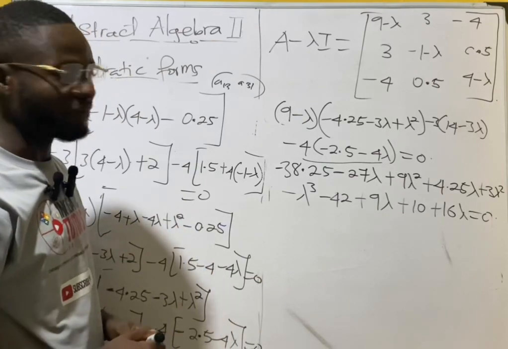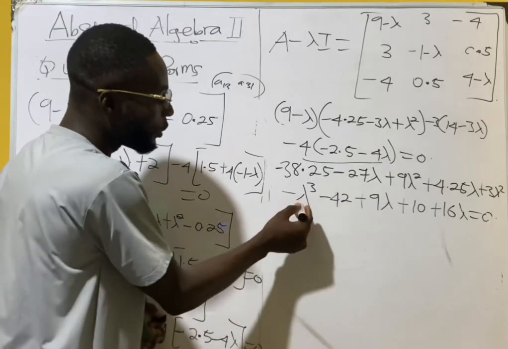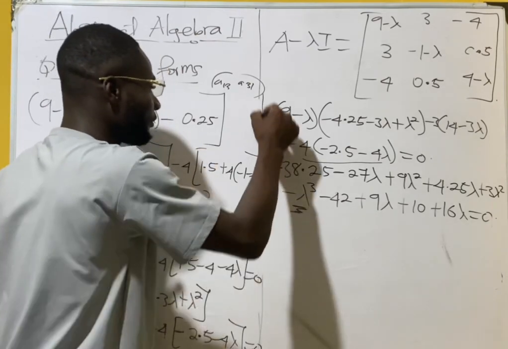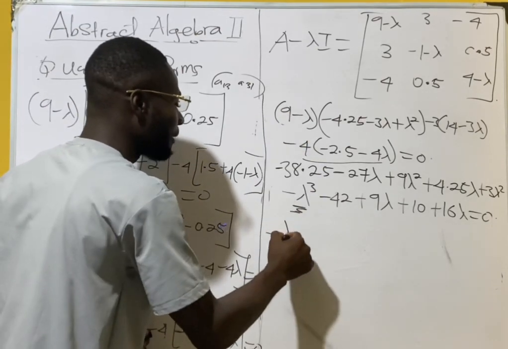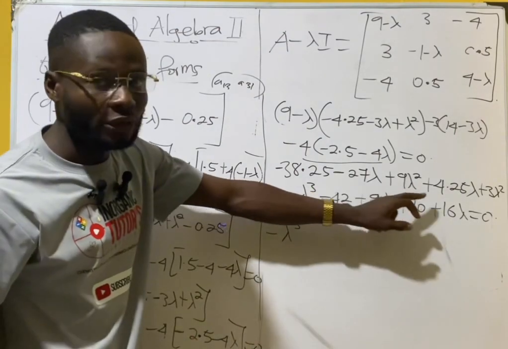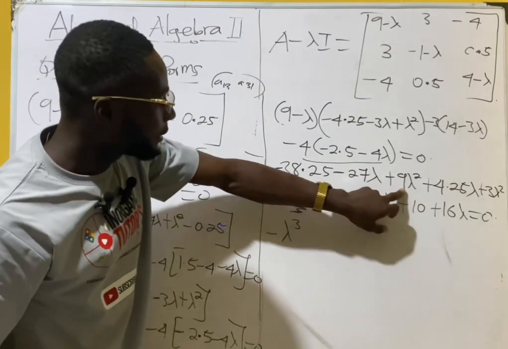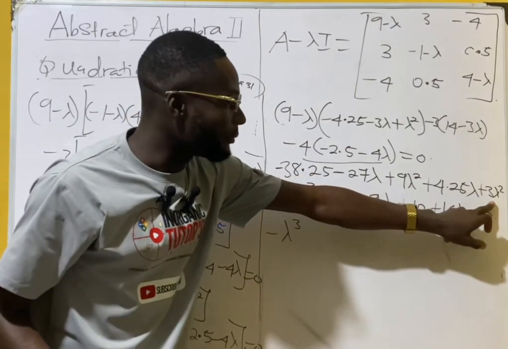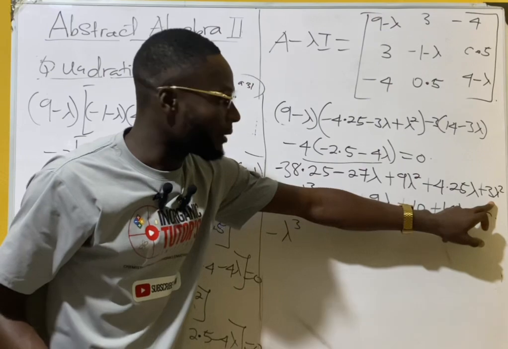Okay, so we have all this. We have to simplify, right? So now we have minus lambda cubed here. Then we add all lambda squared, right? So 9 lambda squared plus 3 lambda squared becomes 12 lambda squared, right?